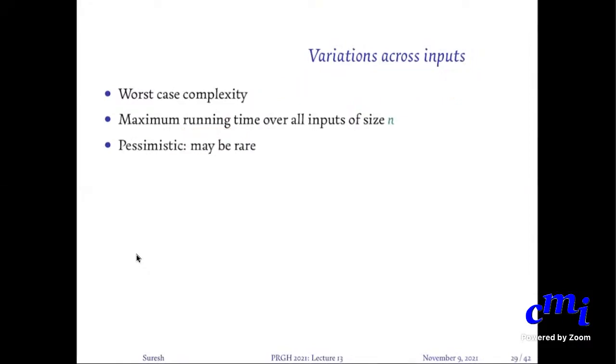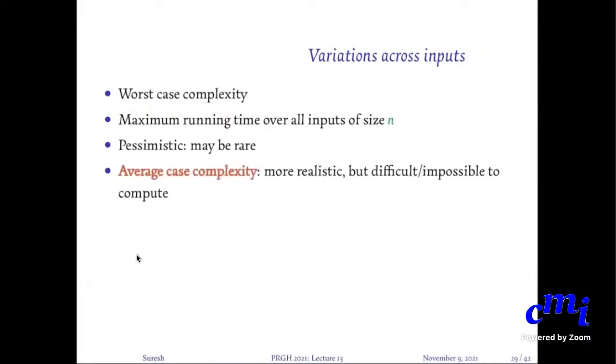Okay, this is what you want to calculate. And this is pessimistic, agreed, it may be rare in some cases, but may not be rare. So if you want a more realistic estimate, you should try to look at average case complexity. But average case complexity is difficult to compute because you need to know the input distribution, etc. It is mathematically much harder to compute.